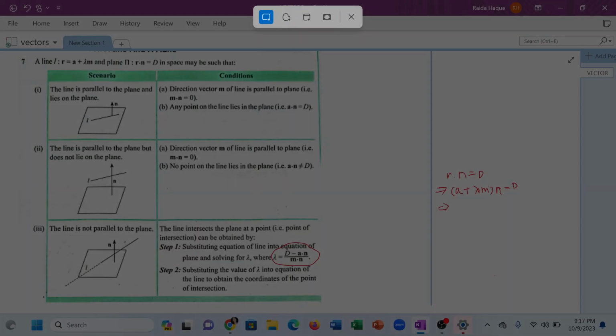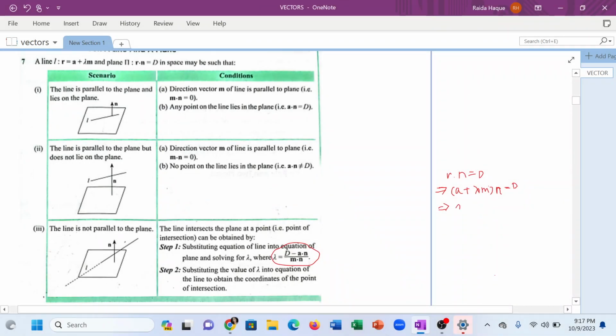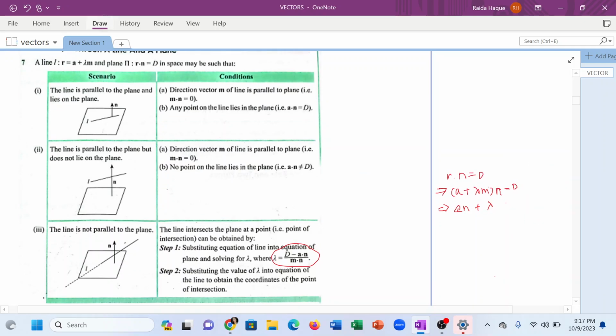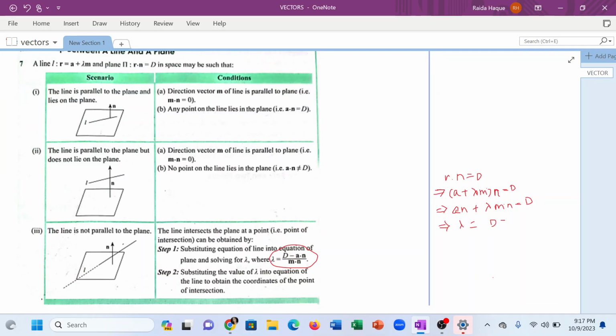so from here, finally by algebraic manipulation we get lambda equals d minus a dot n divided by m dot n.